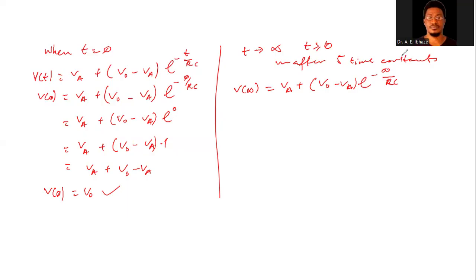So anything over infinity, negative infinity, is 0, right? So this is going to give us VA plus V naught minus VA times 0. So V infinity is going to give us the final value, VA, which follows directly from what we have discussed.